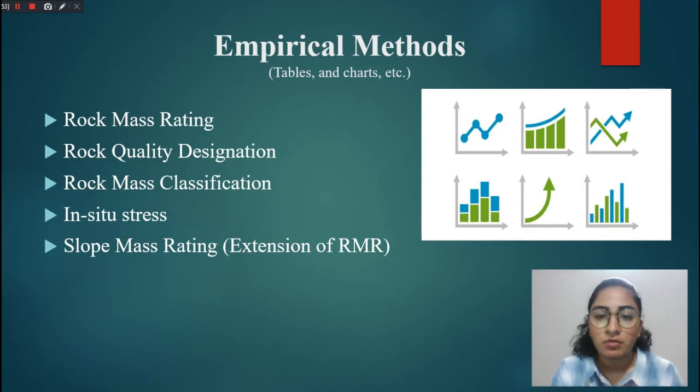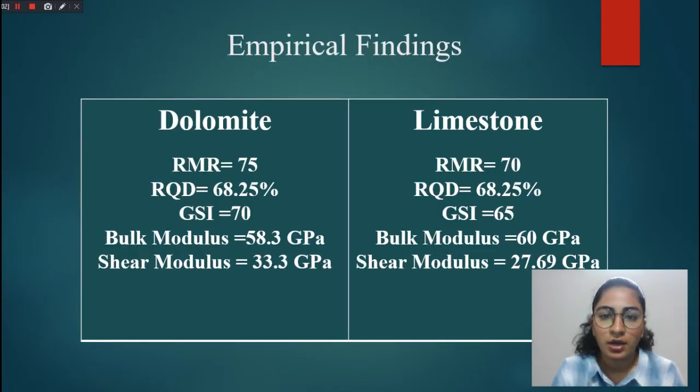We compared both and came to the conclusion that dolomite is a better rock than limestone, but both are stable, good rocks, and they fall under the second class for RMR.